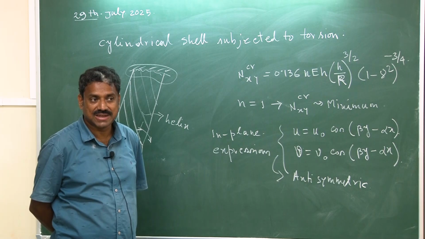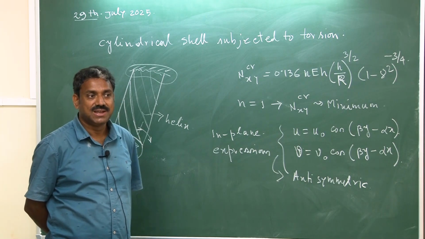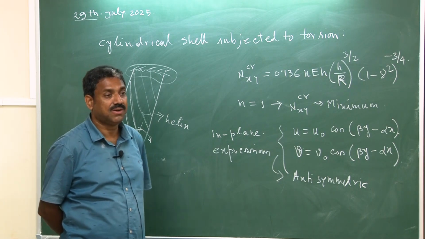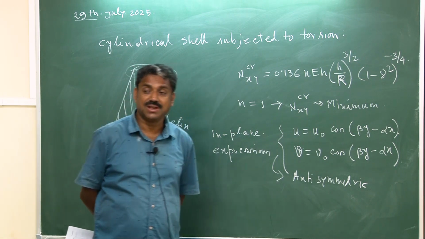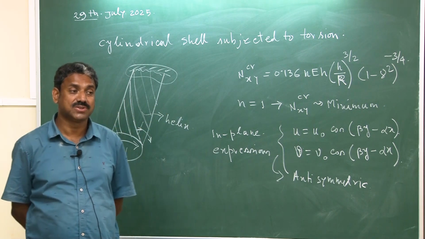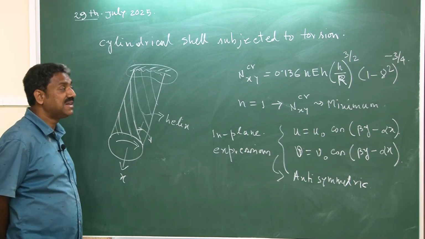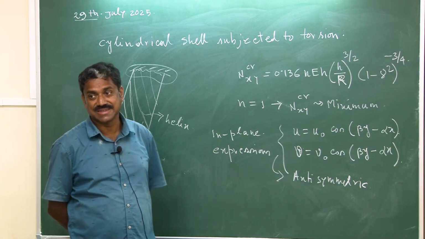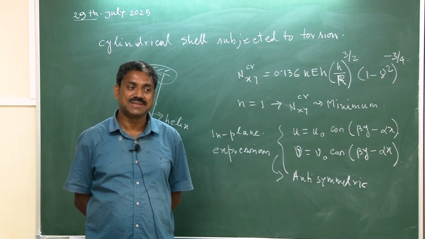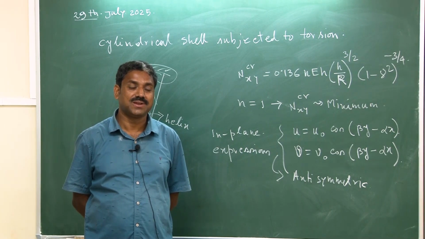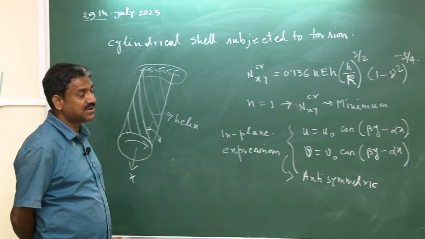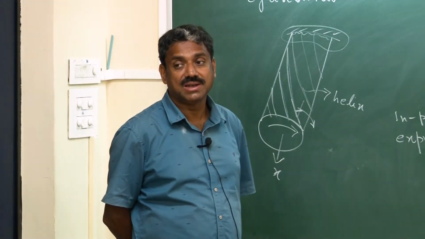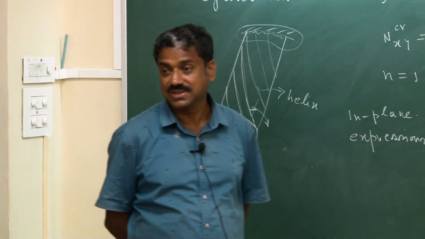So, there is no modal interaction and subsequent degradation of the critical load. So, as far as torsional loading is concerned, the cylindrical cell is not imperfection sensitive. Just like lateral pressure, torsional load is also not imperfection sensitive.